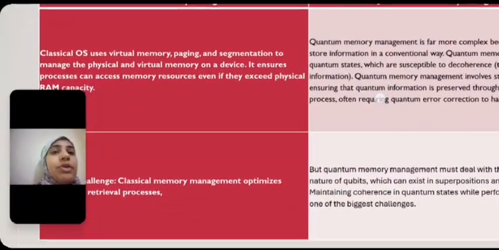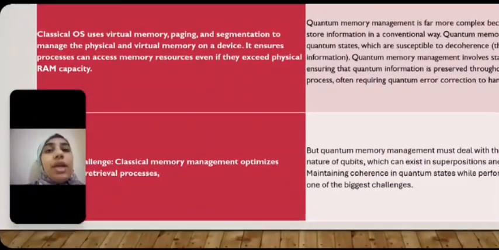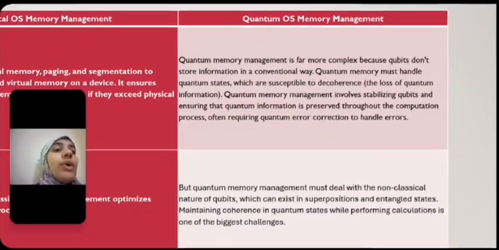Let's go to memory now. Memory in the classical OS uses virtual memory, paging, and segmentation to manage physical and virtual memory on a device. It also ensures that processes can access memory resources even if they exceed physical RAM capacity. But in quantum, memory management is far more complex because qubits don't store information in a conventional way.